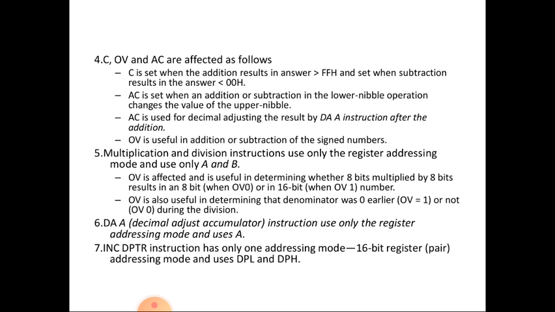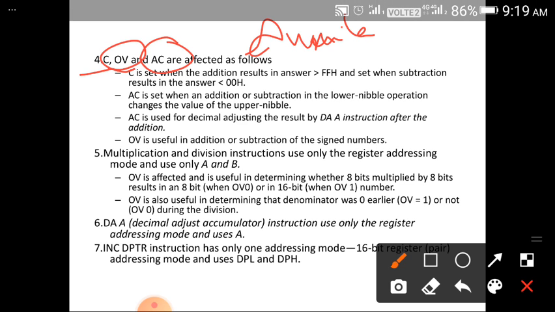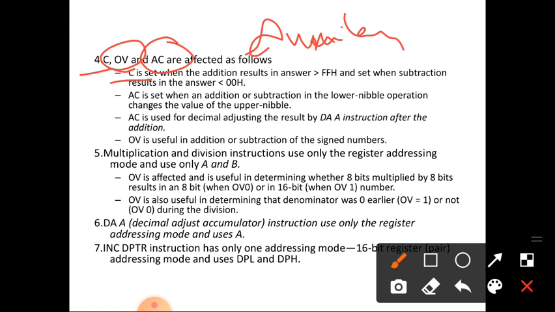Next are C, OV and AC. These are the flags. C means carry flag, OV means overflow flag, and AC means auxiliary carry flag. The carry flag will be set after an addition operation when the result is greater than FFH.